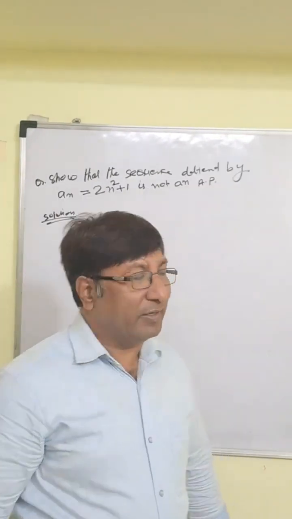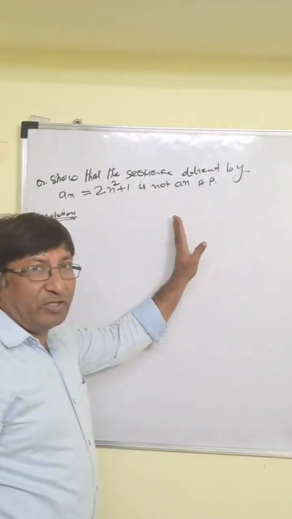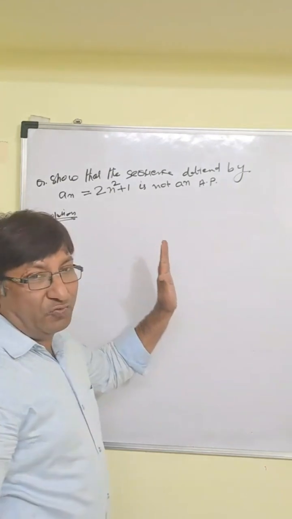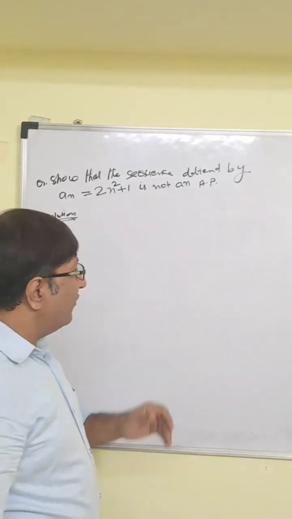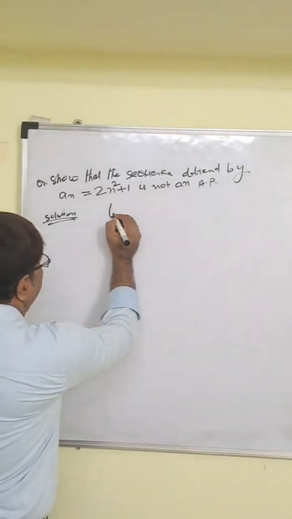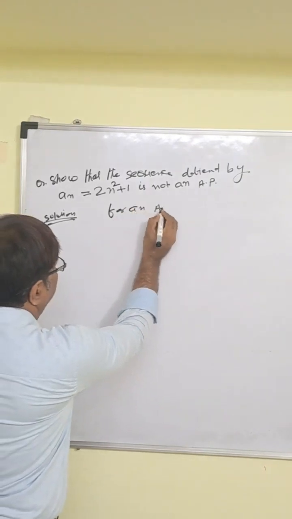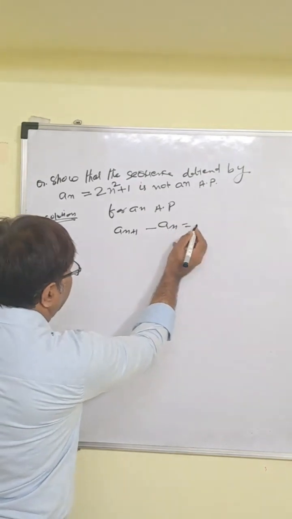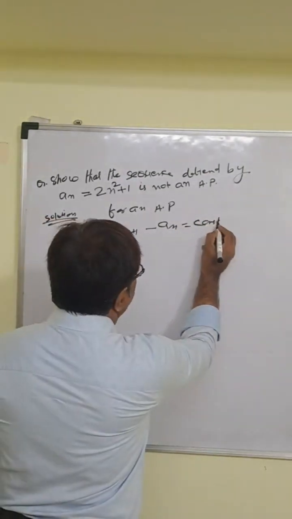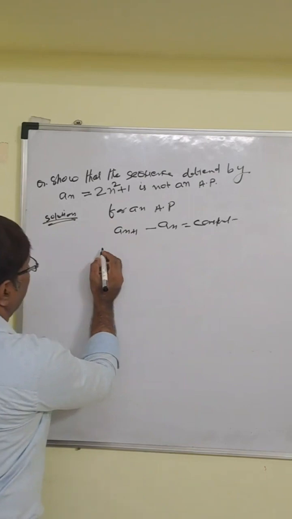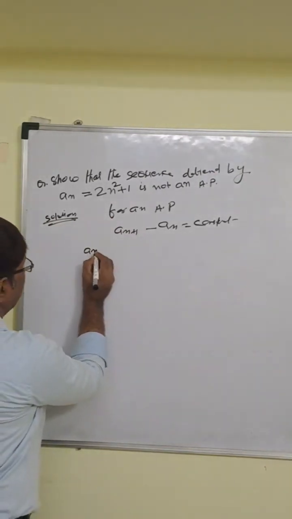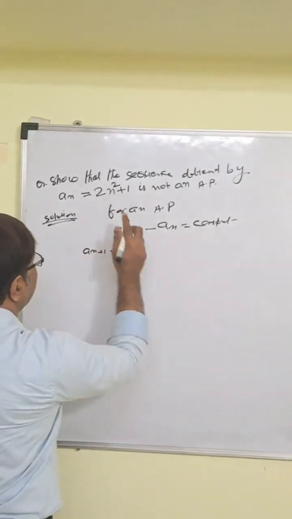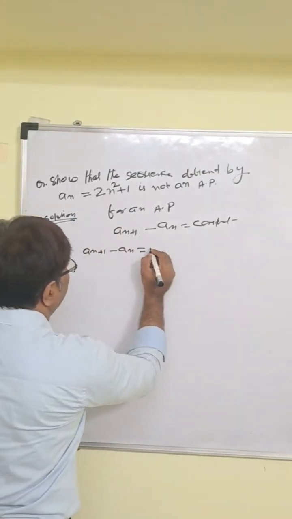Let us see the question. Here the question is: show that the sequence defined by a_n equal to 2n square plus 1 is not an AP. So every time remember, for an AP, always a_(n+1) minus a_n is constant, right? So we will find a_(n+1) minus a_n. Here a_n is given, so just put n equal to n plus 1.